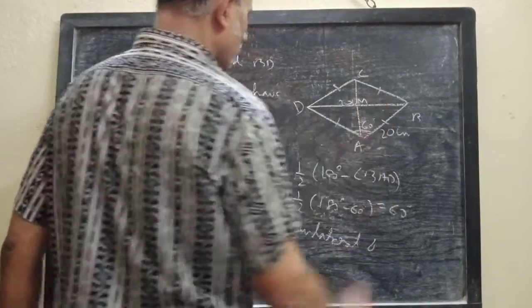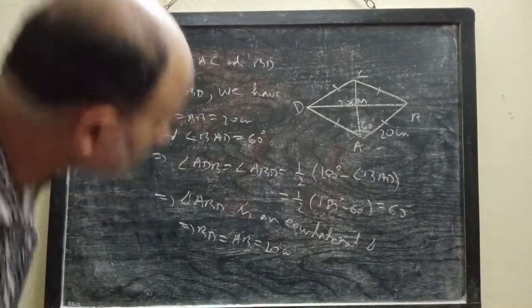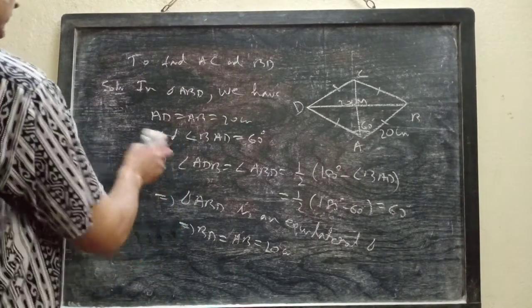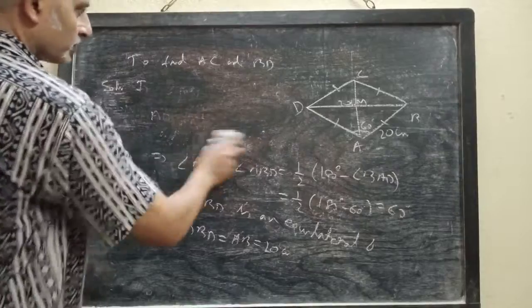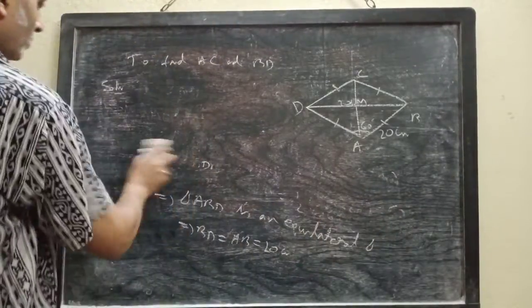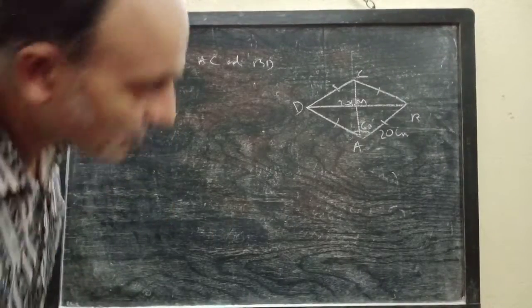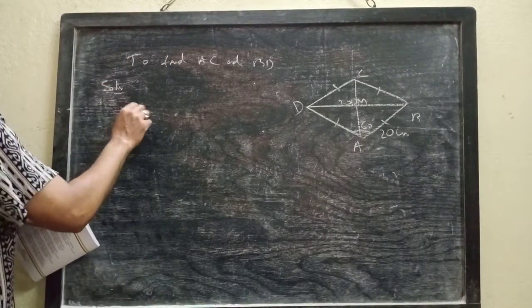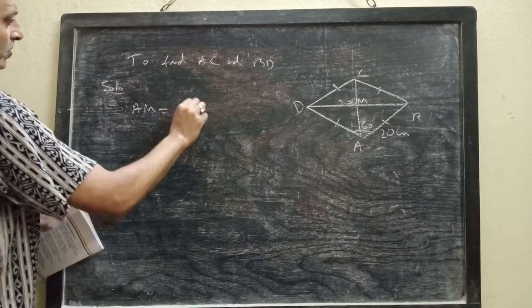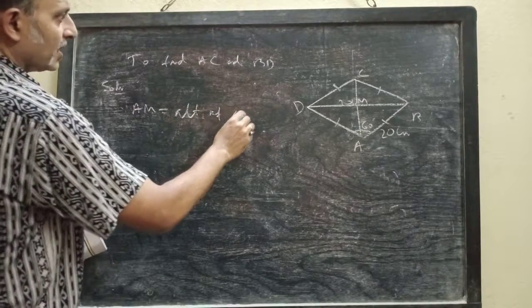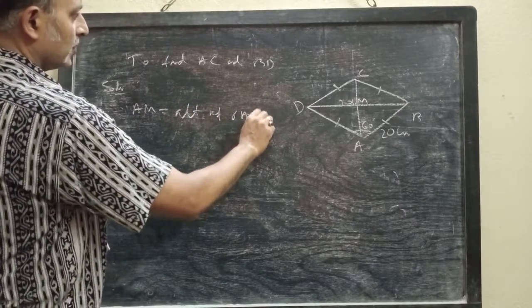Let us consider this point of intersection as M. Now, AM equals the altitude of triangle ABD. Why altitude?